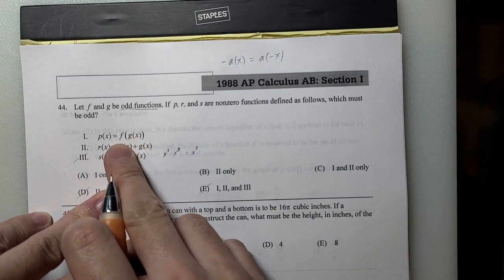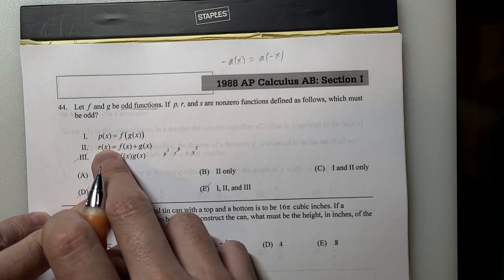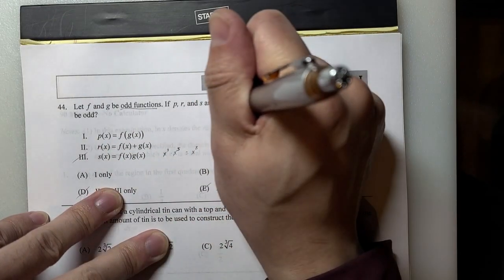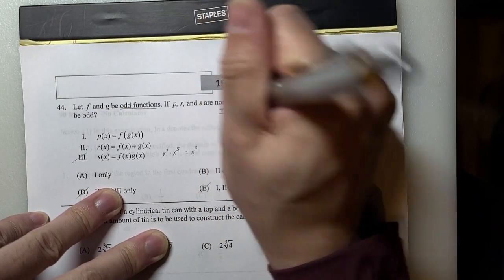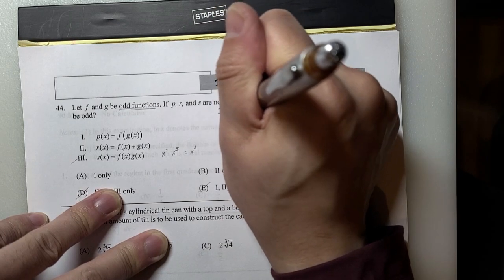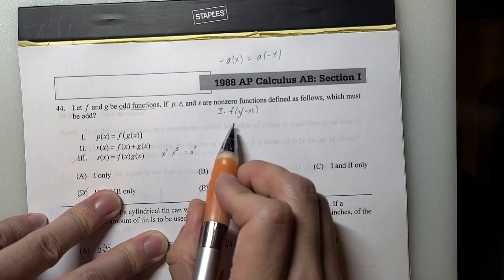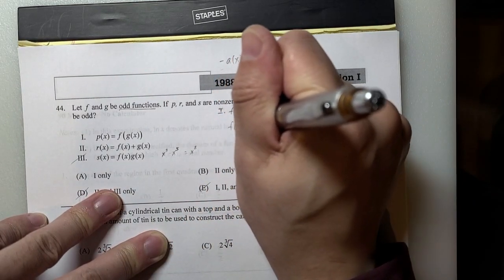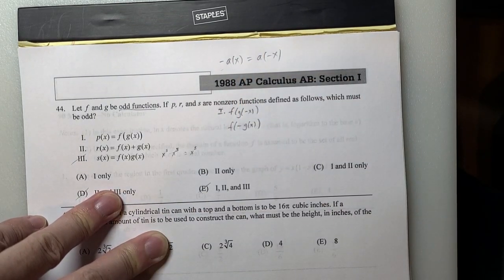So let us do that for this first one first. So let's do it up here. 1: f of g of negative x. G is odd, so it becomes f of negative g of x.